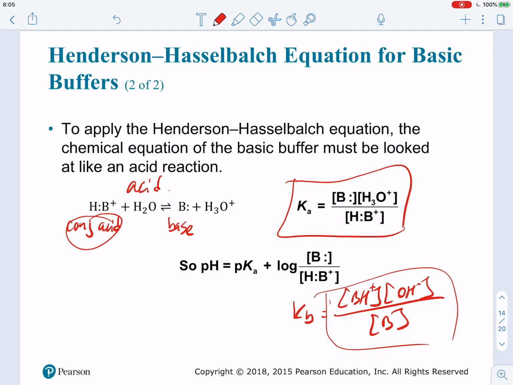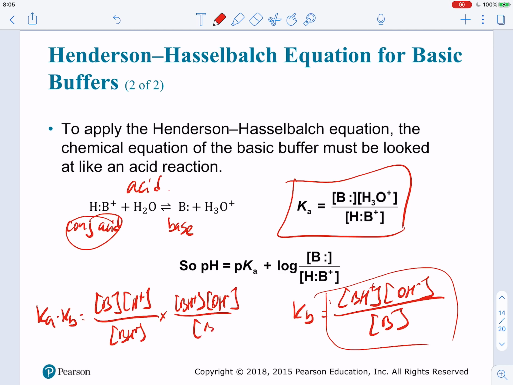How about we multiply Ka times Kb? If we have Ka times Kb, then you end up with B times H plus over BH plus, times BH plus times OH minus over B, just the base.